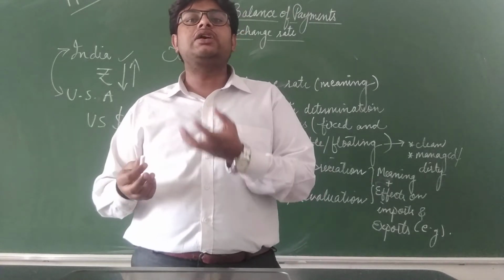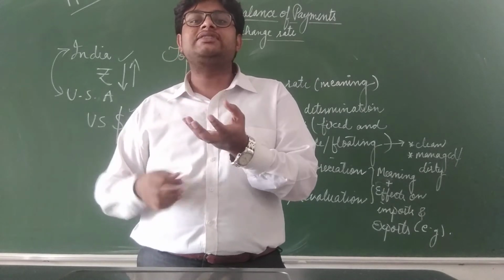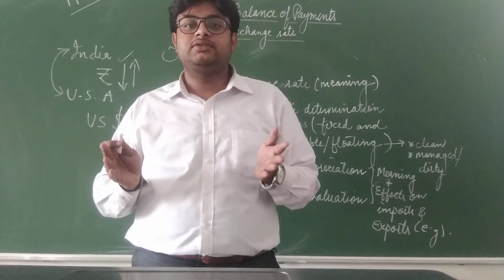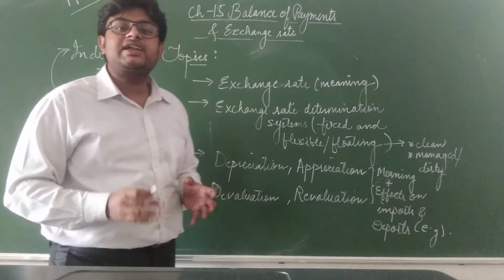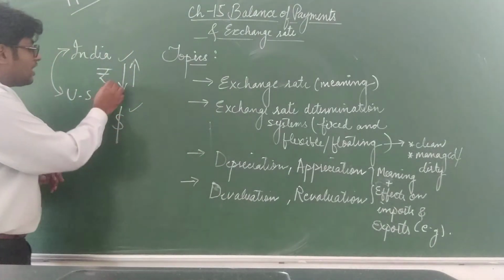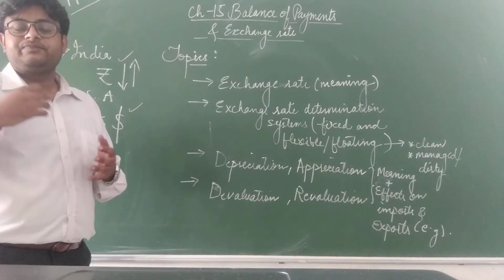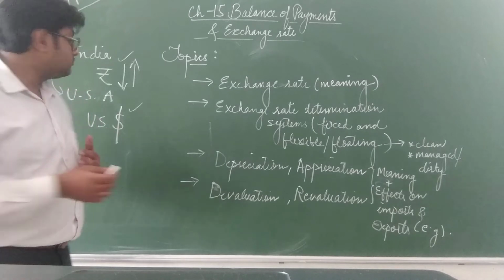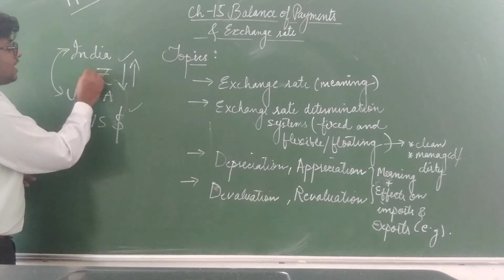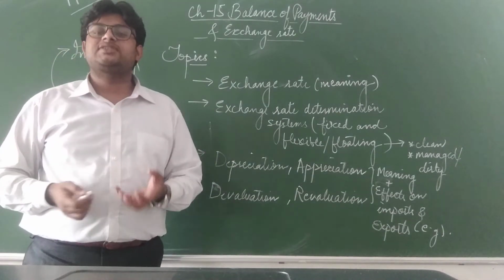How can we convert a product whose value is measured in dollars into rupees, until and unless there is some exchange rate? So what is exchange rate? Exchange rate is the rate at which two particular currencies can be exchanged with one another. The rupee can be exchanged with the US dollar and the US dollar can be exchanged with the rupee. This is your exchange rate.